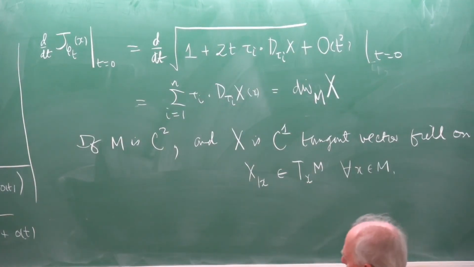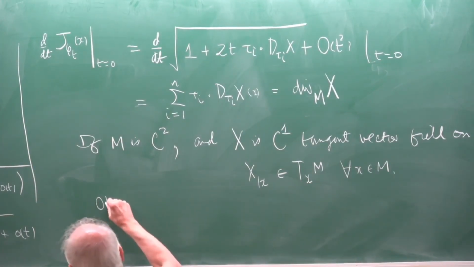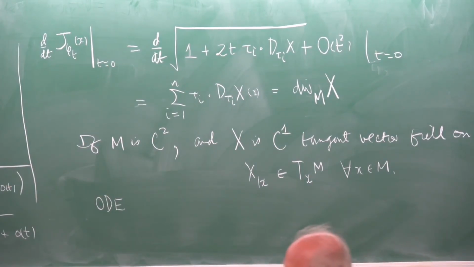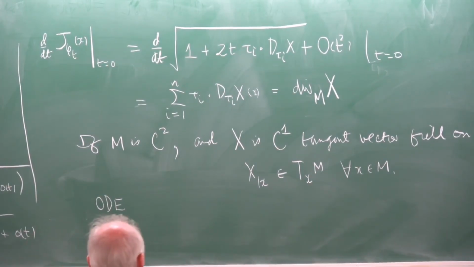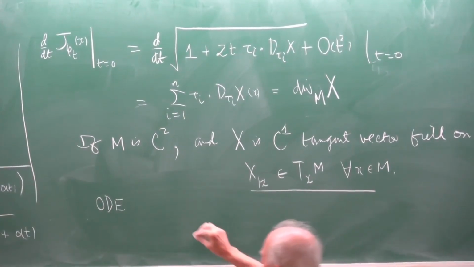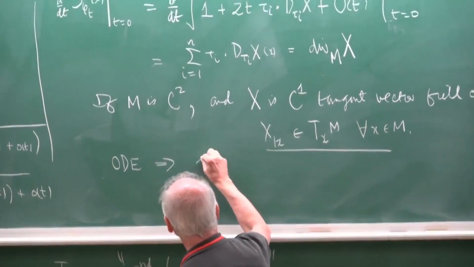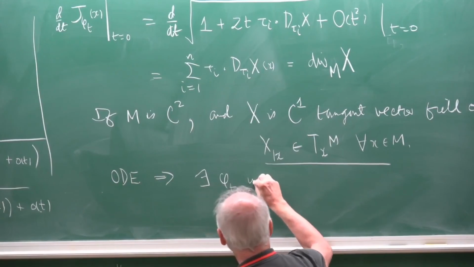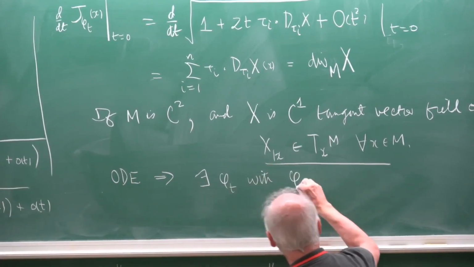Then from ODE theory, which I won't go into, you can see a discussion in the text of this if you're interested, you can actually cook up a one-parameter family, phi t. In this particular case, when you've got a tangent vector field, ODE theory implies that there exists such a family, phi t, which leaves M invariant.